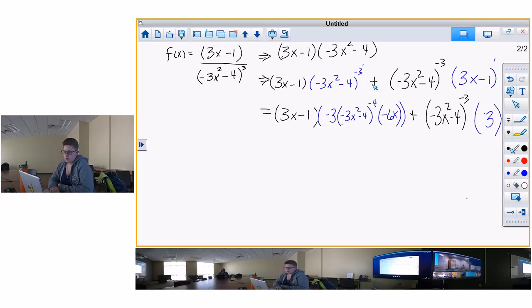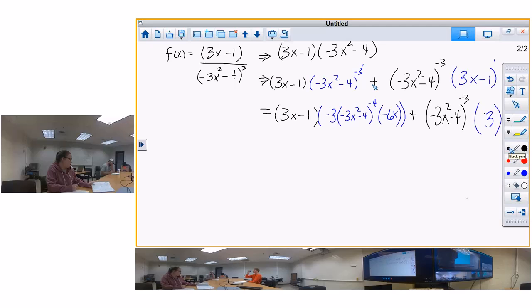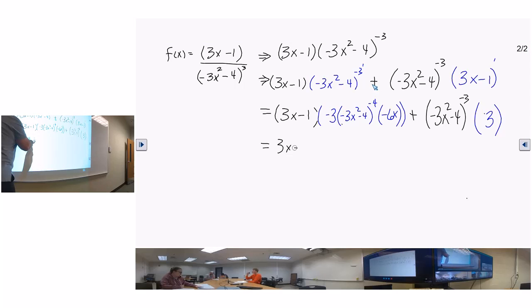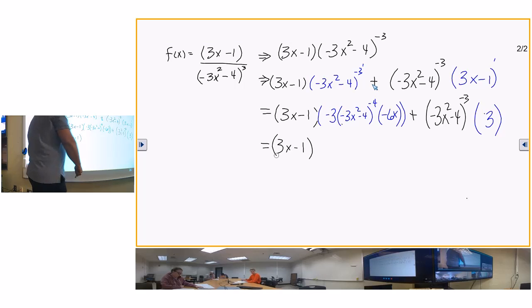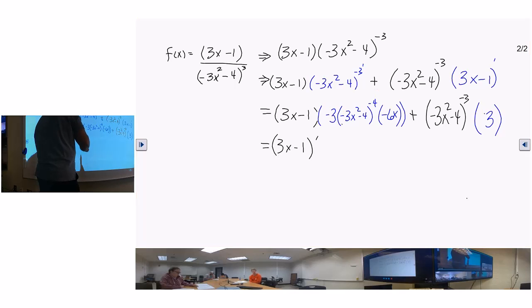All right. So, we got 3x minus 1. And then a cluster right here, but I'm going to take that -6 and that -3, and I get what? 18, right?